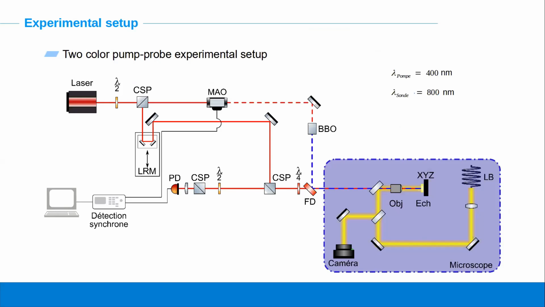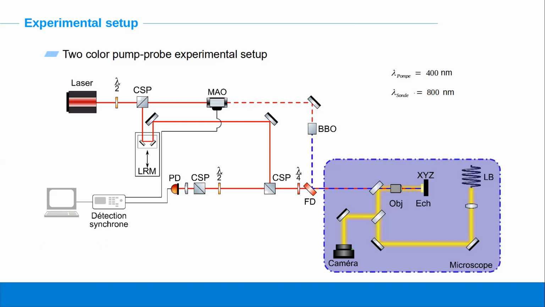And this is the experimental setup used to investigate such nanoparticles, the classical two-color femtosecond pump-probe experimental setup, where we have two laser beams with two different wavelengths, one laser that will be used to excite the nanoparticle, and one to detect the variation of optical properties due to the vibration.